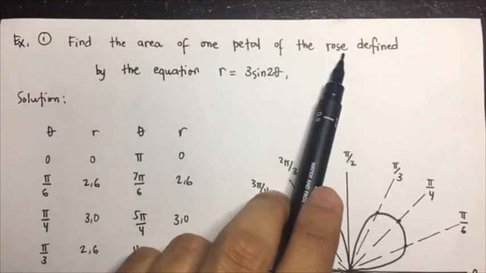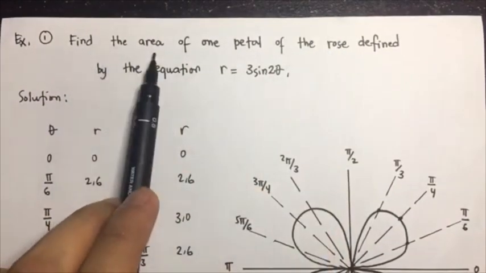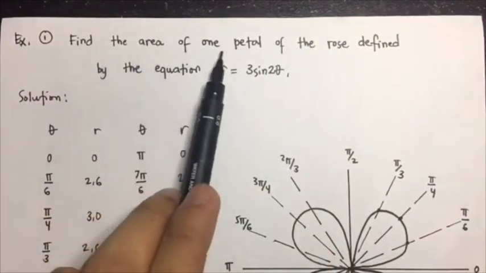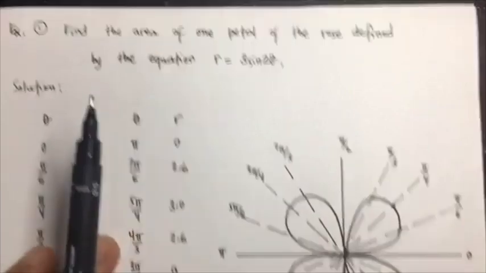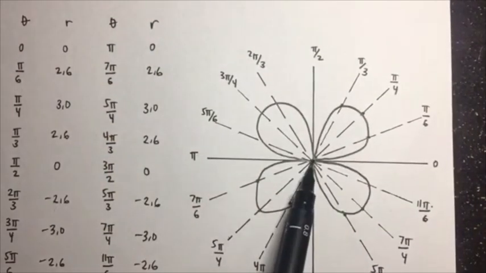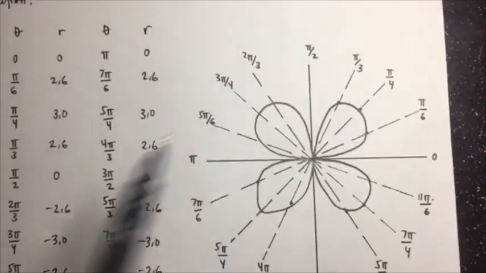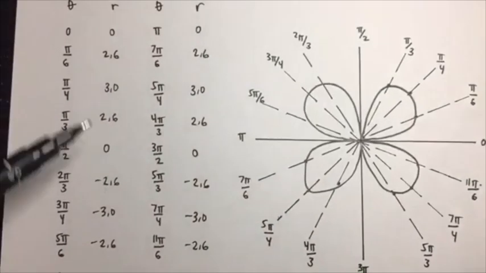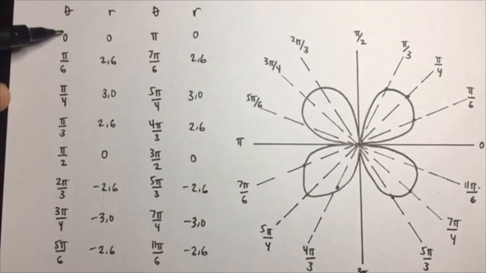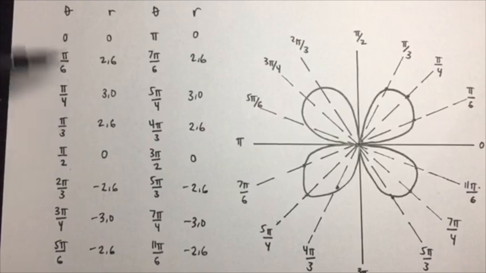So we are asked to solve for the area of one petal. I think we can take the interval from 0 to pi over 2.